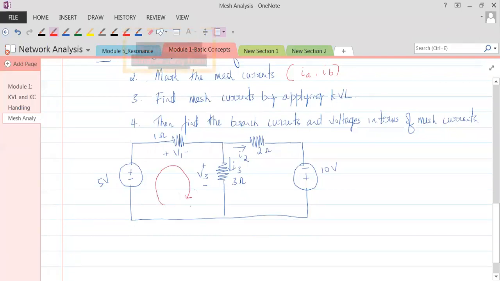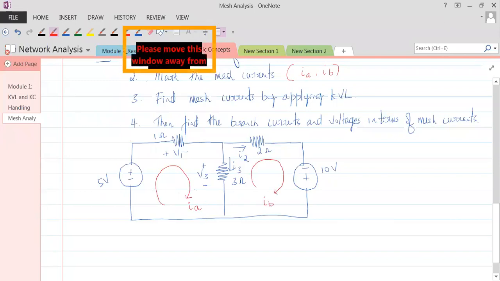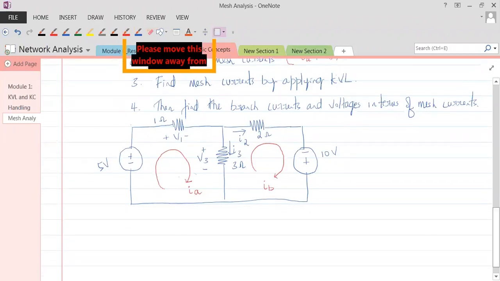See, this is mesh current IA and this is mesh current IB. Fine. Now, everybody see here how to apply KVL to a mesh.